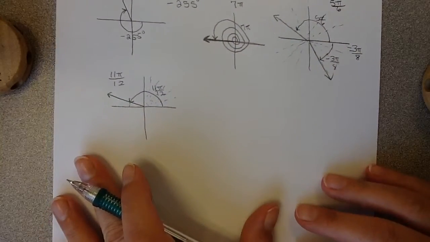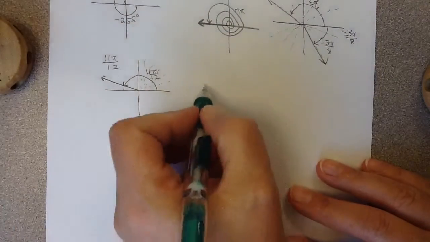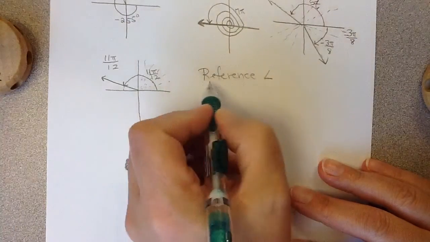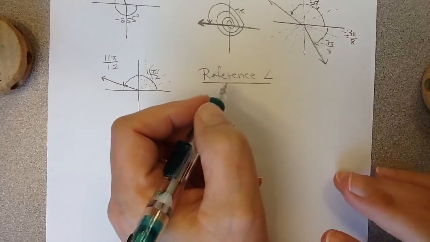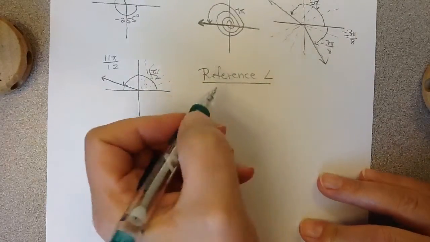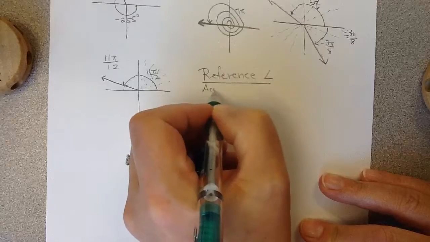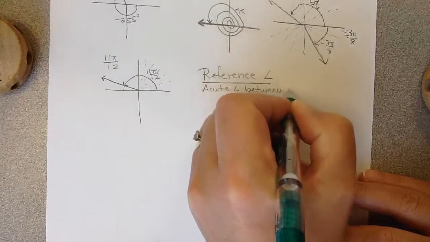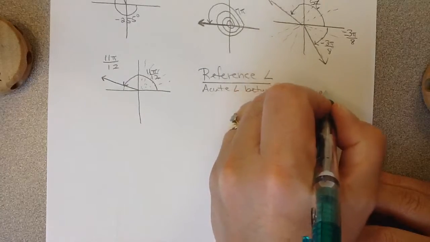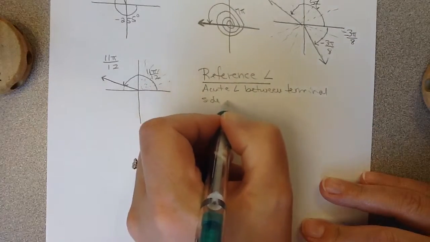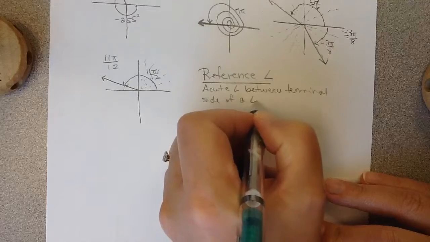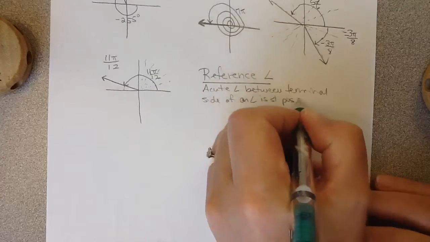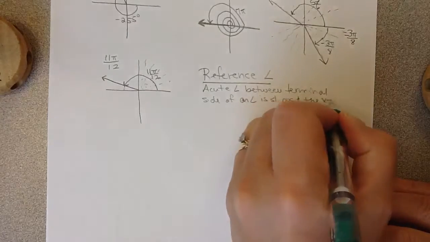Okay, so last but not least, I've got about 4 minutes to get this clear, is something called a reference angle. And we need reference angles to do some trig when we come back. A reference angle is defined as an acute angle between the terminal side of an angle in standard position and the x-axis.